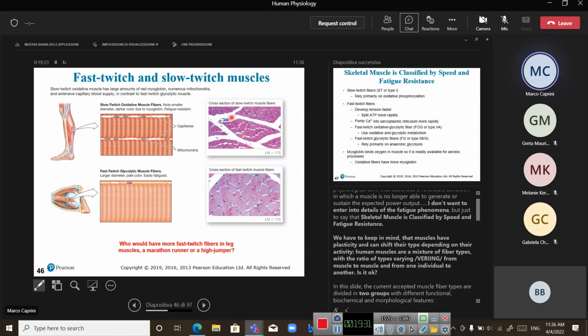They have different diameters, smaller and bigger, and they are fatigue resistant and not fatigue resistant. They are easily fatigued. So it's quite obvious that a marathon runner has a measured amount of this type of muscle compared to this one.